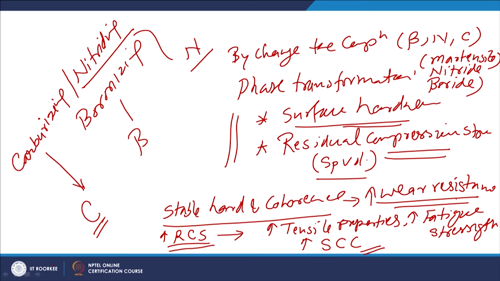So, if we have to modify the surface composition, then what kind of metal systems are chosen for this purpose? We will be taking up first of all the carburizing process.